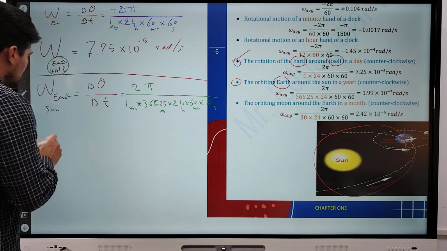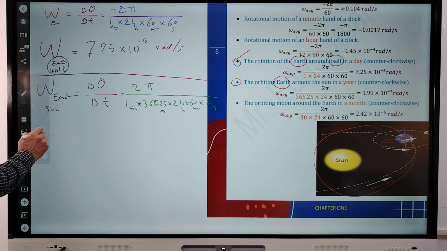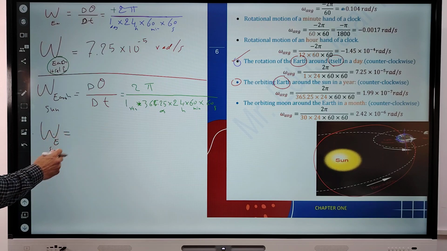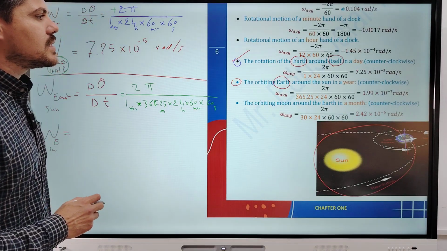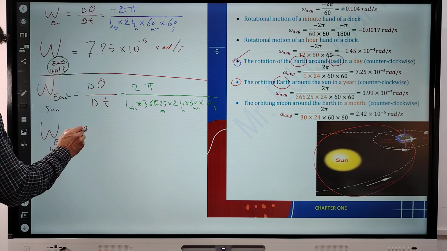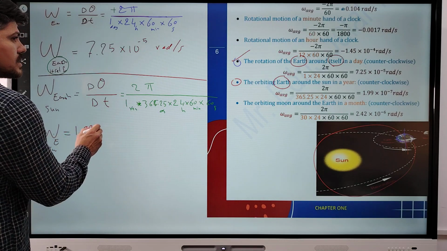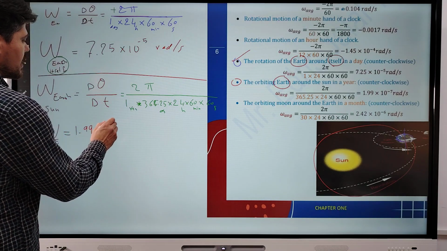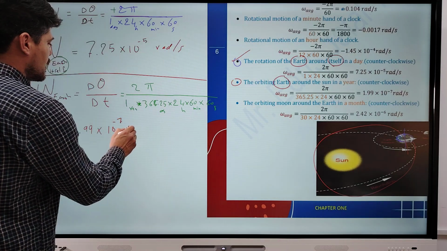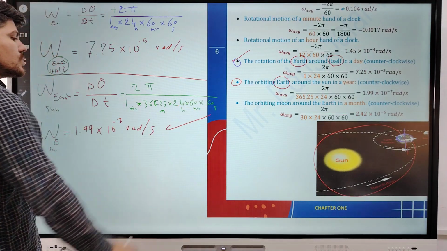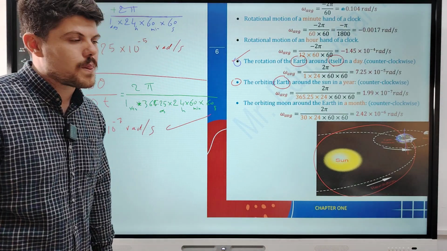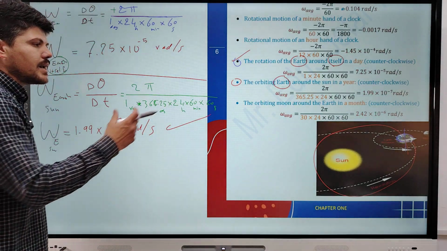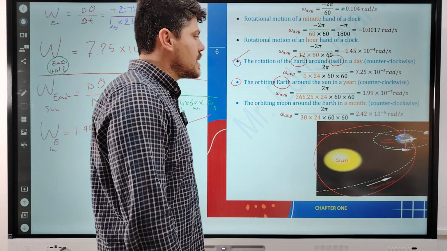So by calculator, you can get that the value of angular speed of Earth orbiting around the Sun is equal to 1.99 times 10 to the power negative 7 rad per second. So this question has been brought in the Wizari exam many times. Be careful. This question is very important, and it has been brought in the Wizari exam.